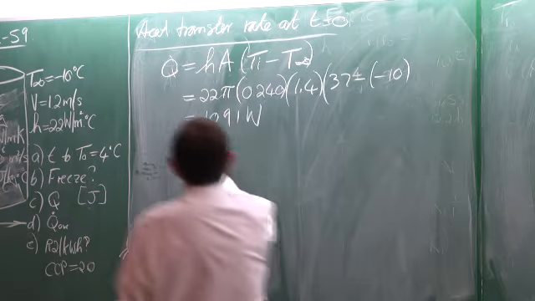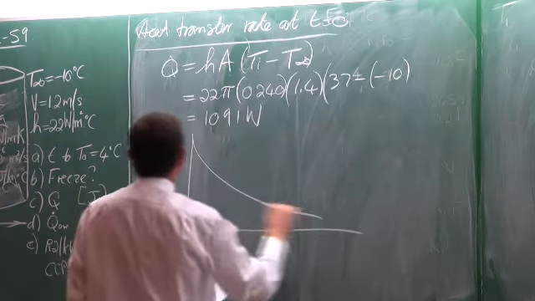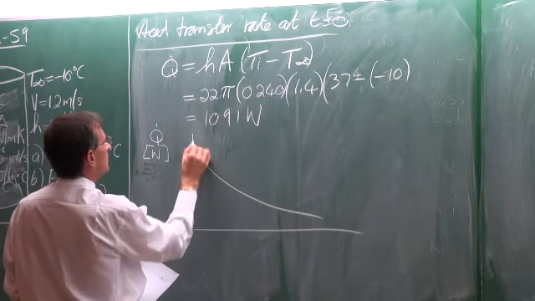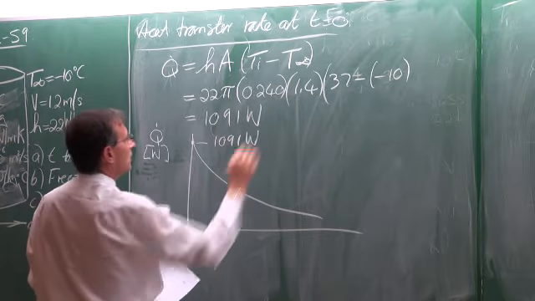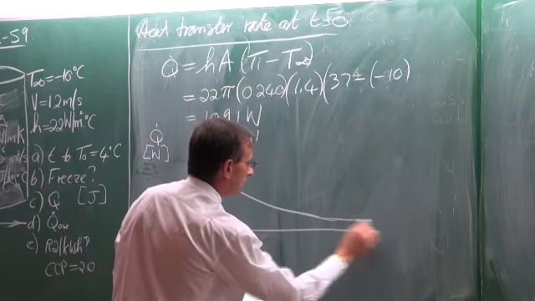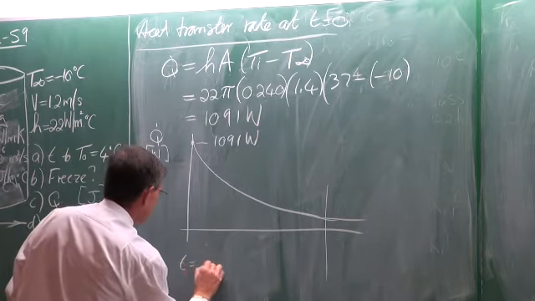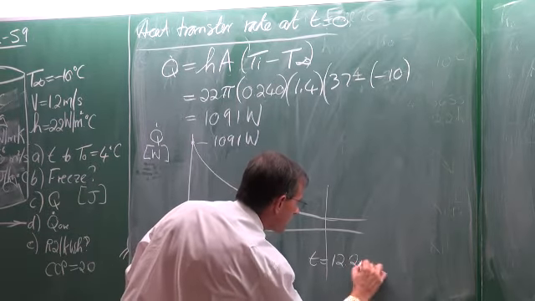So, again, to summarize this problem, if we look at the heat transfer rate in terms of watts, okay, that value there is 1091. That would be T equals 0. That would be 12.2 hours.